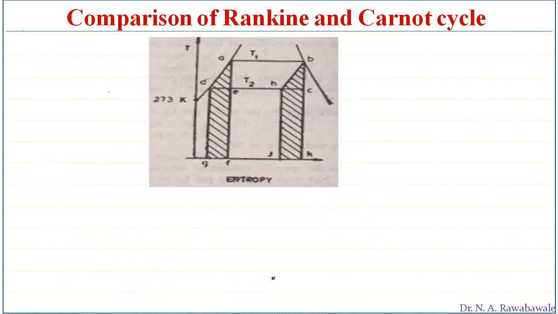Now coming to comparison of Rankine cycle with Carnot cycle. Already we have discussed Rankine cycle and Carnot cycle. So Carnot cycle, which was represented on the TS diagram, was involving this loop A, B, C and E. So A, B, C, E, A is the representation of Carnot cycle on the TS diagram.